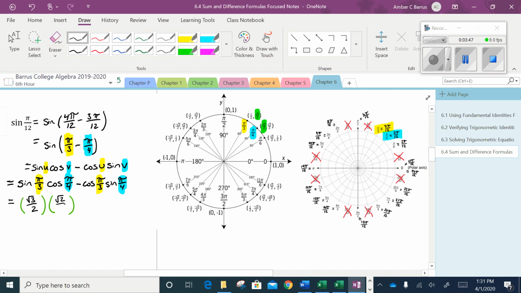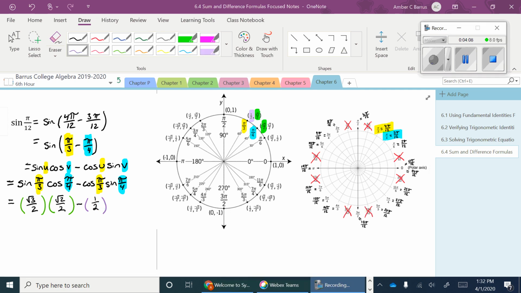So we write radical 2 over 2, subtract, and now we want to find the cosines of those values. What is the cosine now of pi over 3? The cosine of pi over 3 is 1/2. And we also want to know the sine of pi over 4. The sine of pi over 4 is radical 2 over 2.